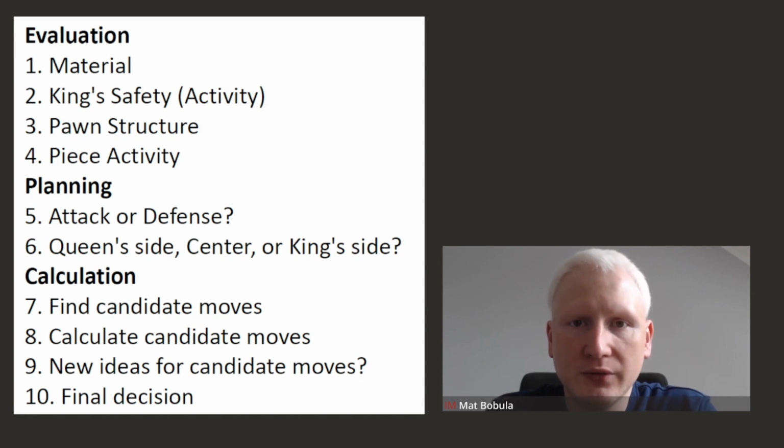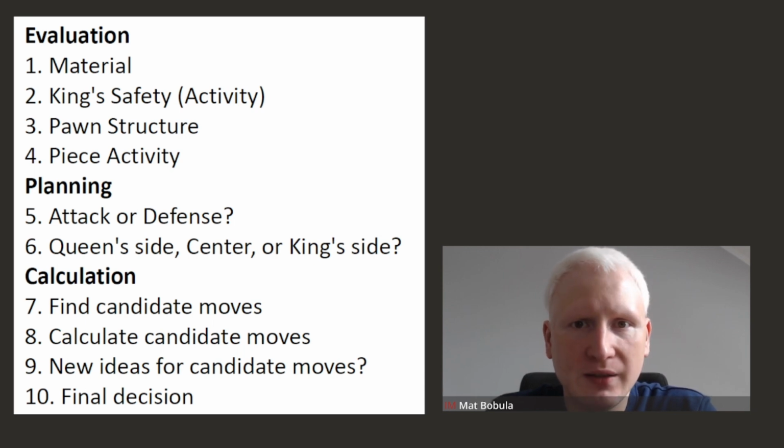So at the beginning of the calculation, you should pick a couple of candidate moves. And by a couple, I mean usually 2 or 3 candidate moves. You have to pick more than one because you need to be able to compare different options. But it's also not a good idea to pick 5 or 6 because it's too time consuming. So this is the reason why I usually recommend to pick 2 or 3 candidate moves.